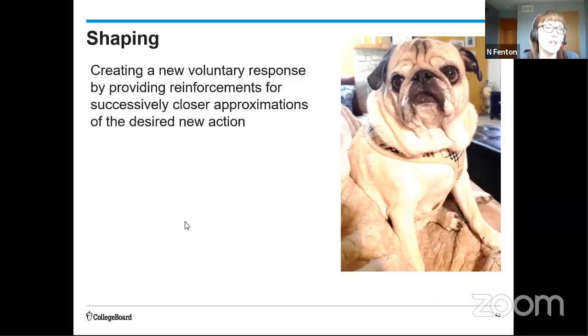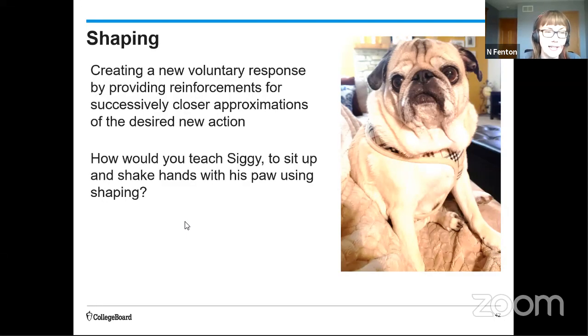So Skinner also worked with this idea of shaping. If you want to create a new voluntary response that's a little bit more sophisticated, especially if it's something more unusual for the animal, what you need to do is provide reinforcements for successively closer approximations. So if you want to teach Siggy here to sit up and shake hands with his paw, he's a dog, so you can't actually ask him to do that.